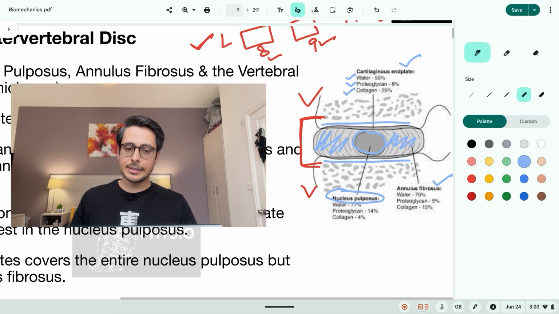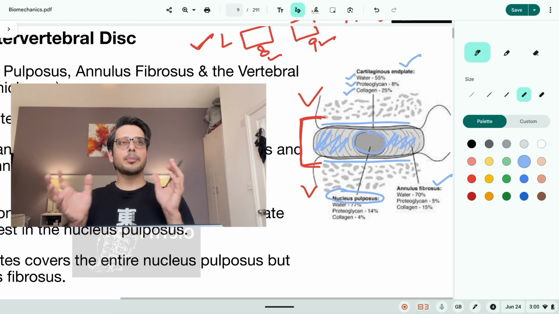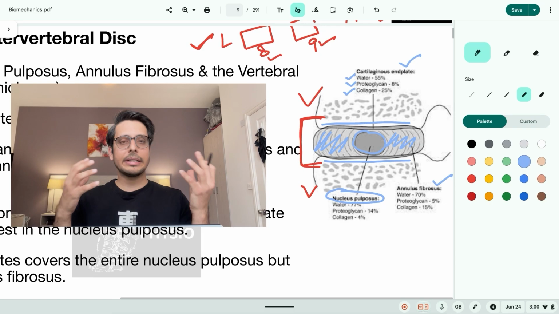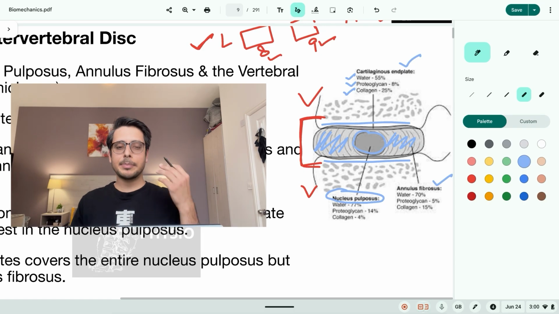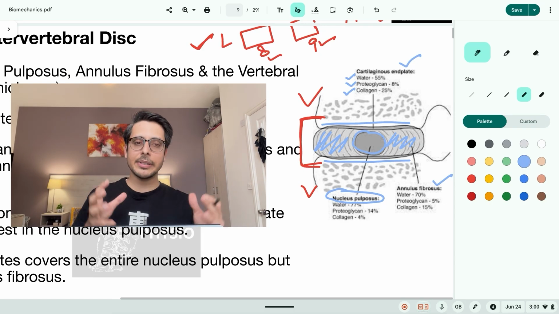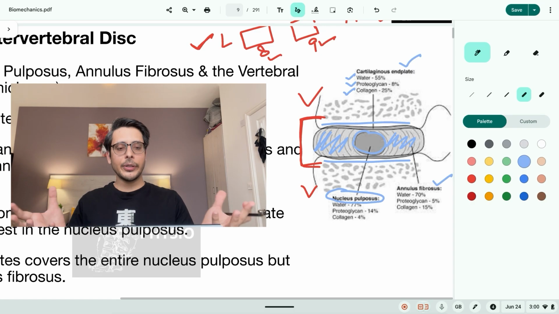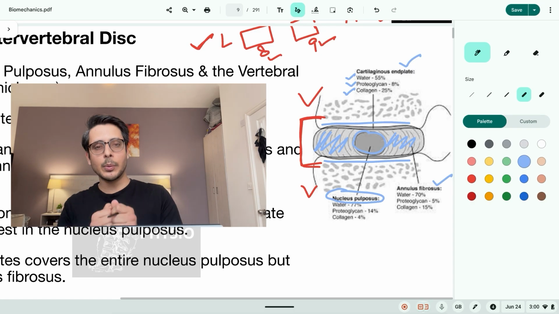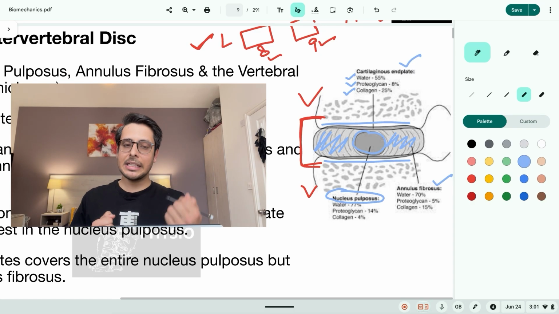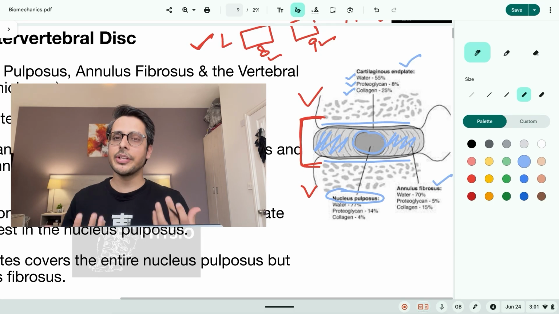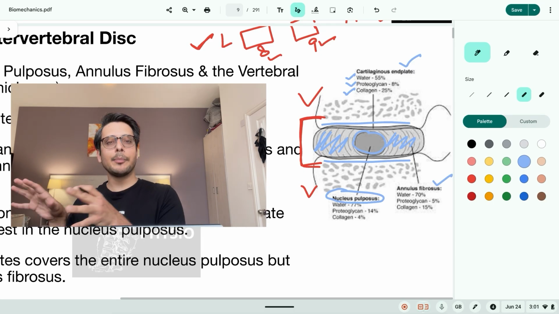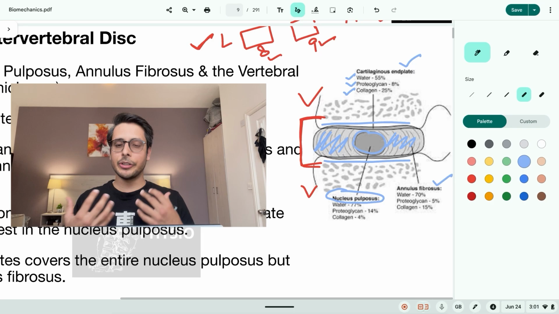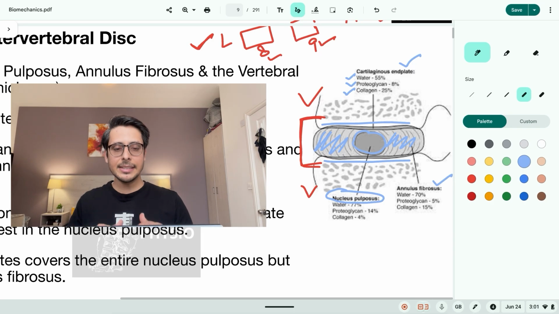The proteoglycans help in the process of imbibition or diffusion, letting the fluids go more into the intervertebral disc, which eventually helps the disc to get more nutrition. We would be discussing how the disc gets its nutrition in the following slides.